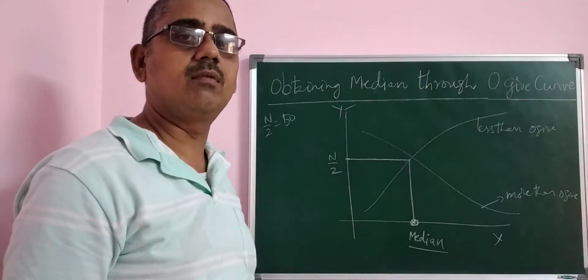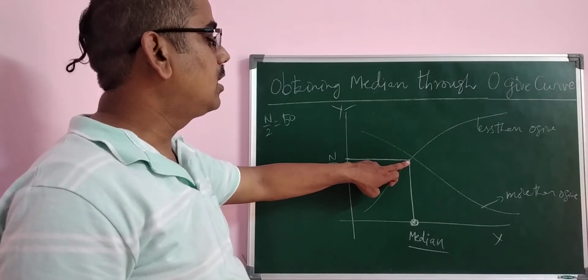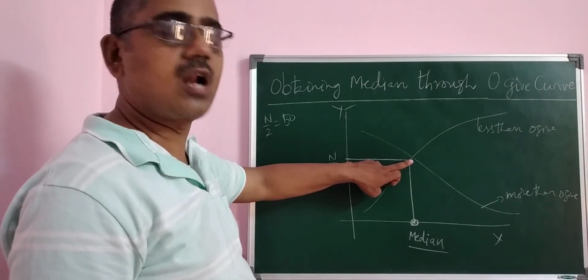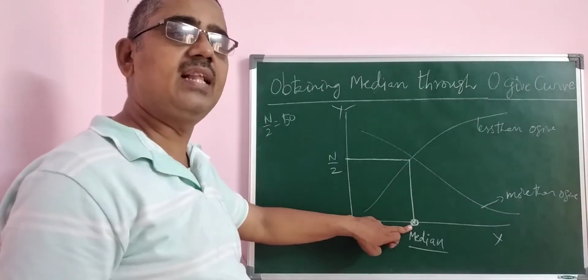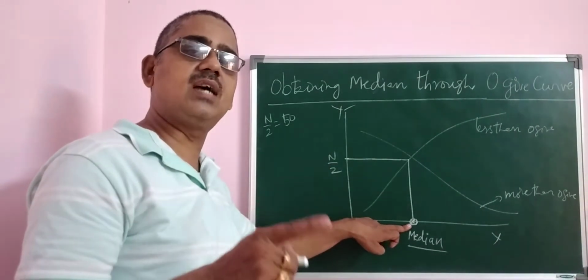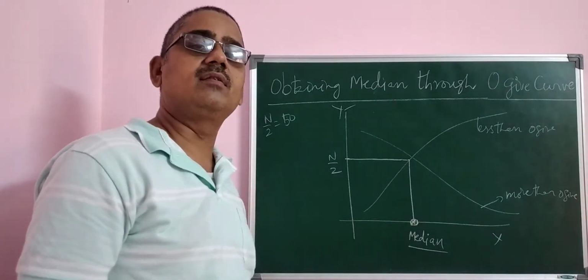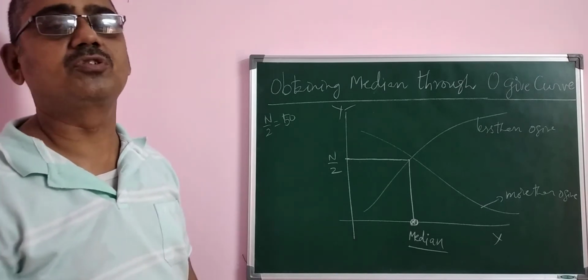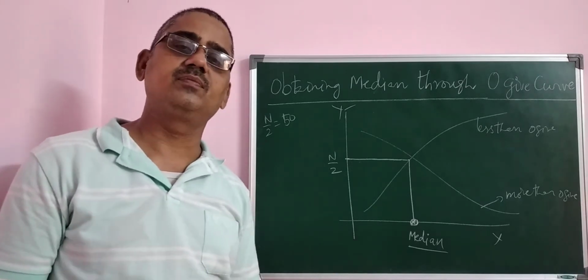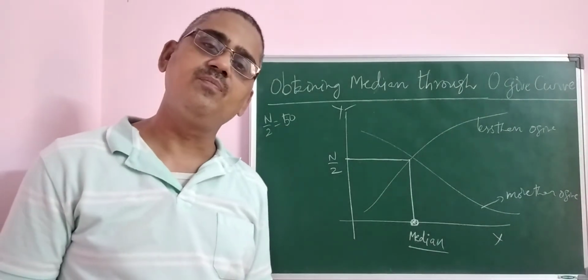From that point draw a perpendicular line to the x-axis, and the point where it meets the x-axis is called the median. This gives the median of the given frequency distribution, right? This is the procedure of obtaining the median through the Ogive curve.